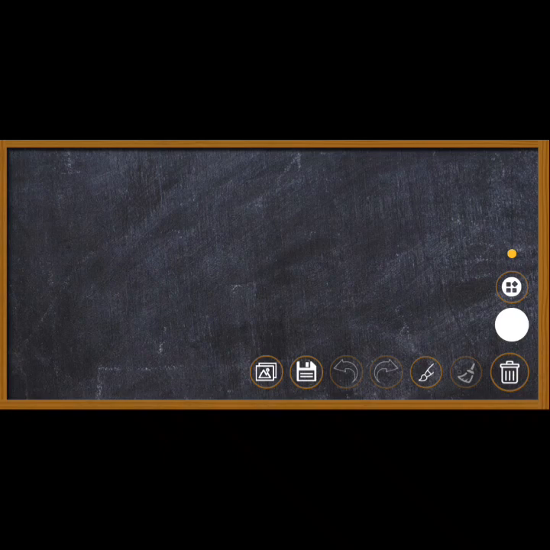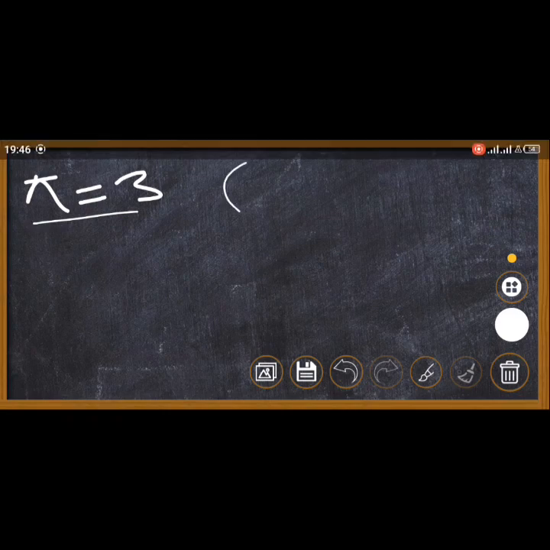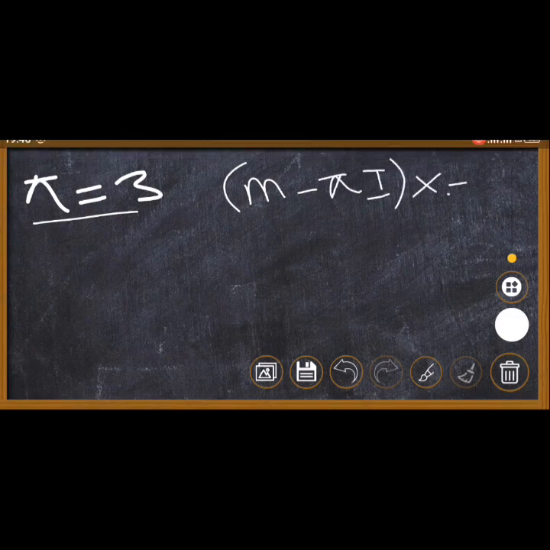Okay, so we have two values of pi here. So let's deal with this when pi equals to 3. Okay, let me just reduce the font here. So when pi equals to 3, remember we have two values, so let's just first begin with this one. Now, there is one thing that we should understand when it comes to writing the eigenvectors. We always add x. So then the standard matrix becomes M, pi, I, then x here equals to 0.